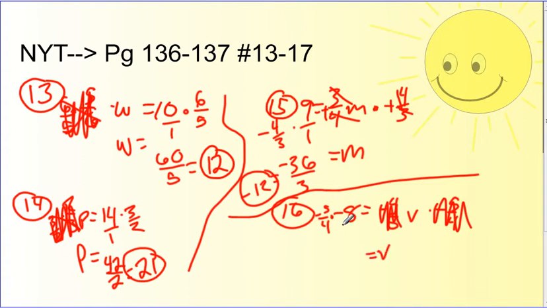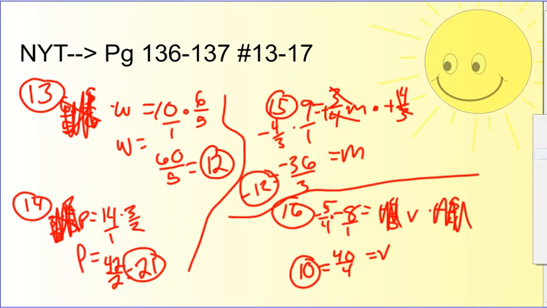We get V equals, let's see, a positive 40 up top and a positive 4 down below. Simplifies, gives us 10. Pause the video if you need to see the work a bit more. I'm going to erase it to do number 17.